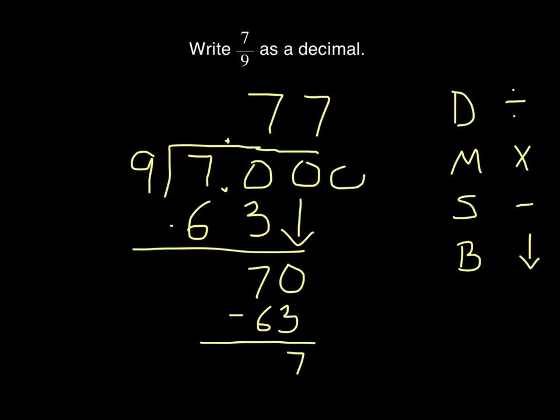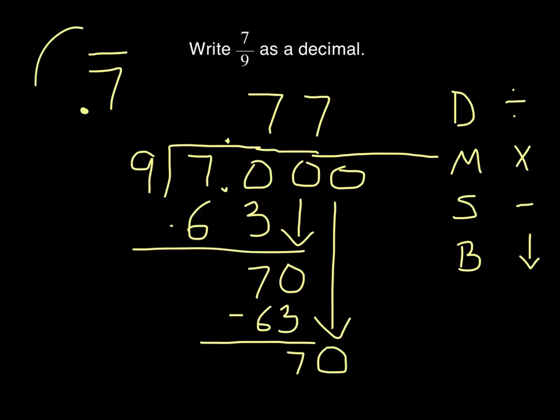And again, I can't do remainders because I'm looking for a decimal. So I bring down the 0, and now I can see my pattern. I'm back to 70. So I see that this 7 is just going to keep repeating. So my answer for this would be 0.7 repeating, and I use that bar notation, so there would be my answer.